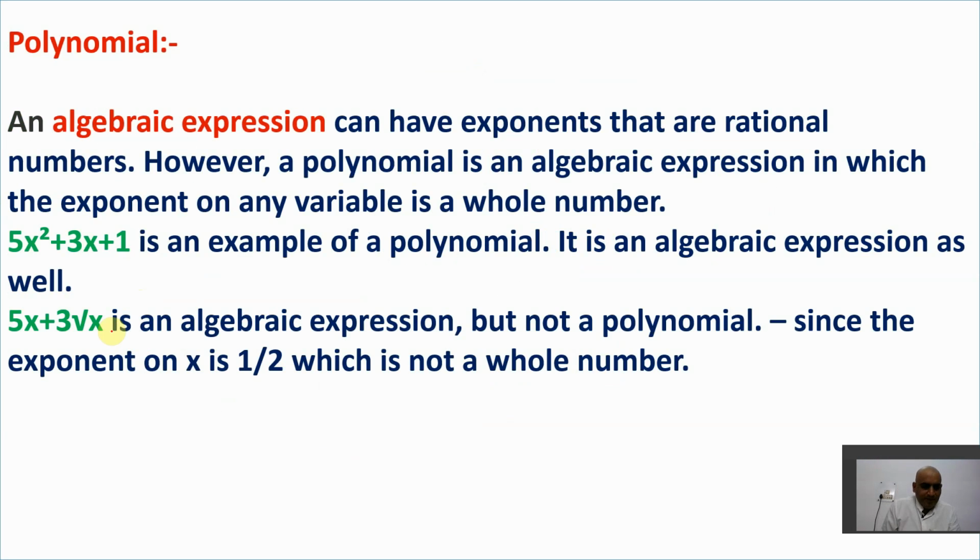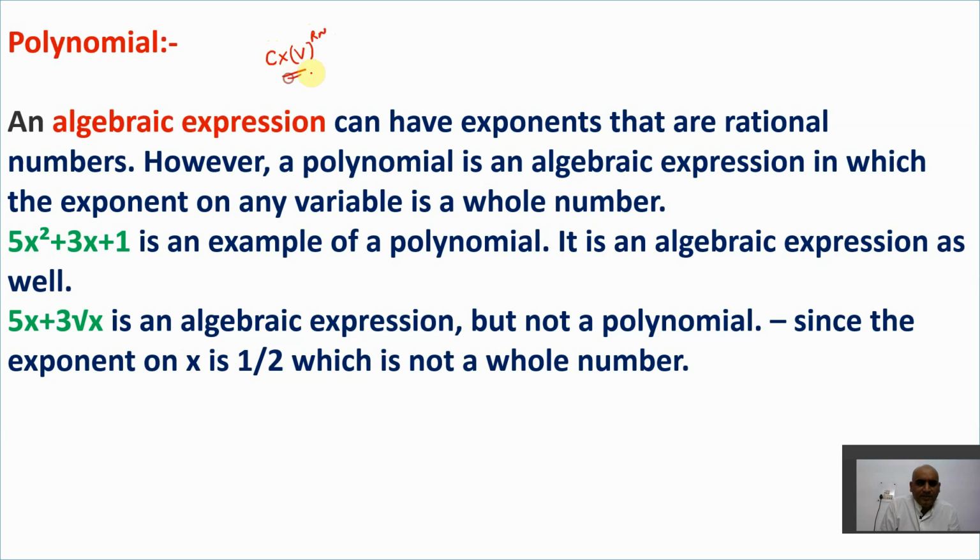Next here is polynomial. See, the only one difference between polynomial and algebraic expression is very simple. In algebraic expression, the basic idea is constant multiplied by variable to the power rational number.